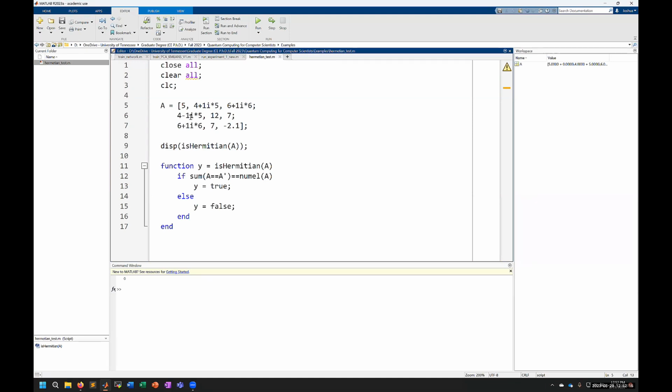I don't know why this isn't working. All right, so I have A here. I'm trying to see why this isn't. So this should be 5, 4 plus j5, 4 plus j5, 6 plus j6, 6 plus j6.